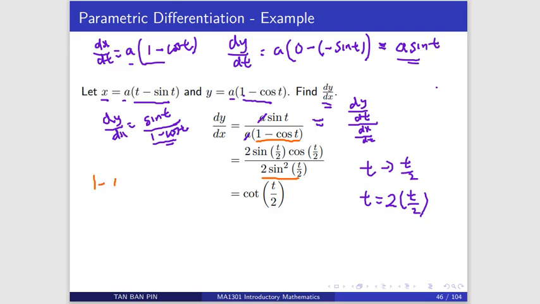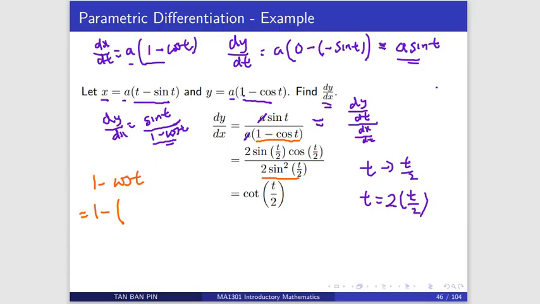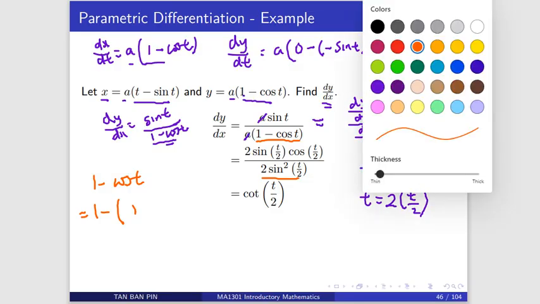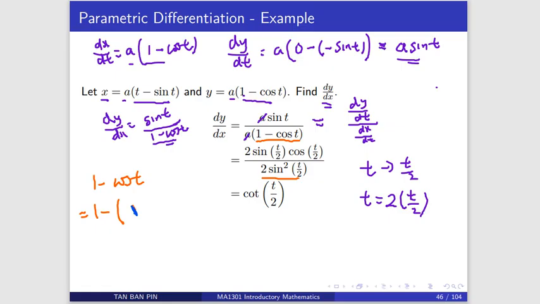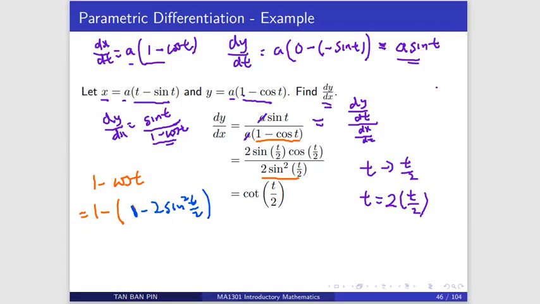So 1 − cosine t will be the same as 1 minus the bracket. Cosine t is 1 minus 2 sine squared t/2.